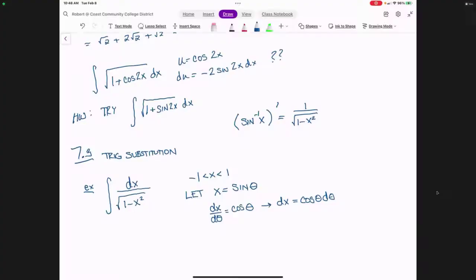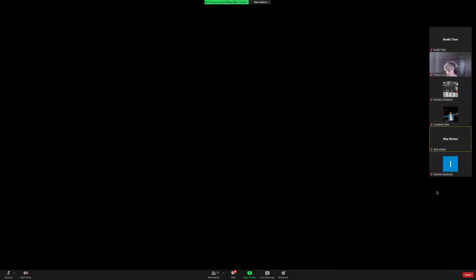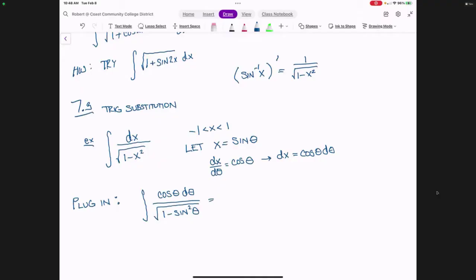So when we shove all of this stuff in, we arrive at the dx divided by this, which we can write as this.